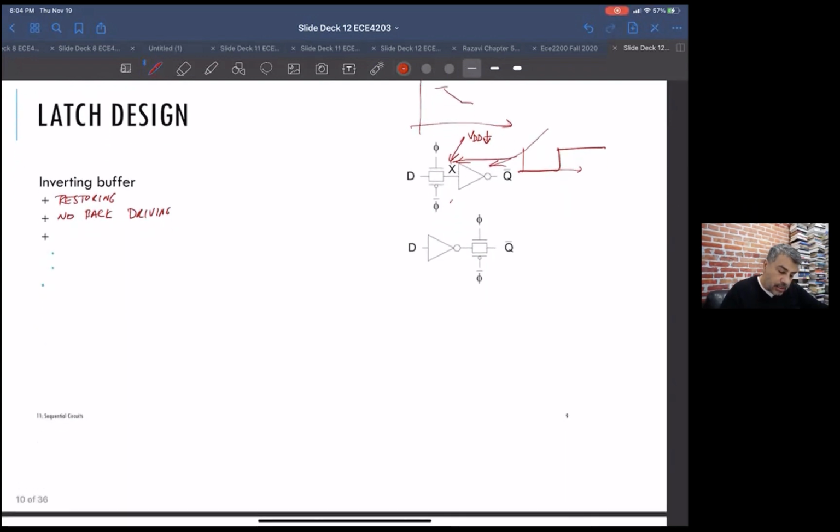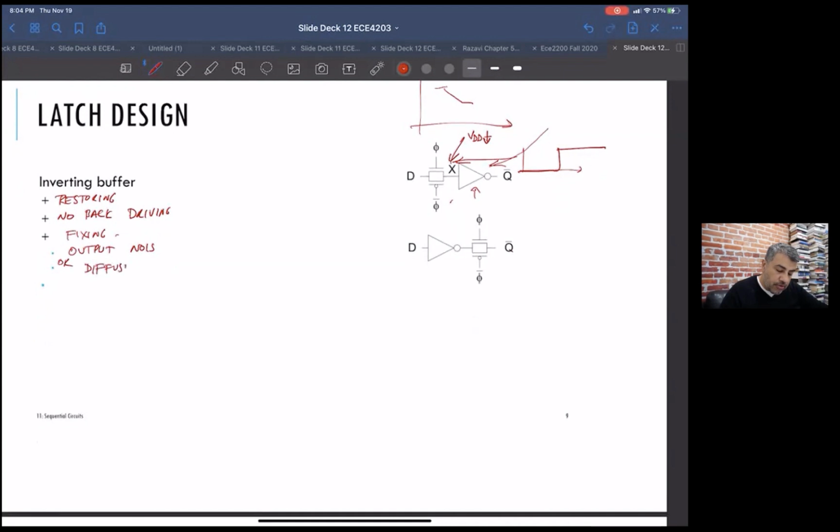Okay, and it's fixing one of two problems. Either you have the inverter on the output, so you're shielding yourself from output noise, or you are not driving a diffusion.